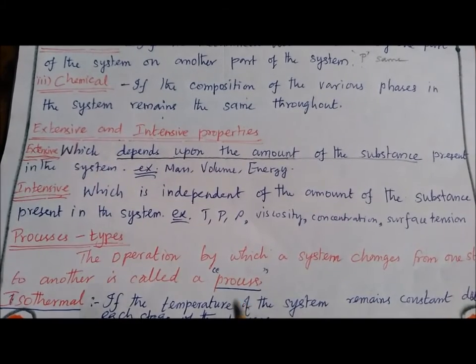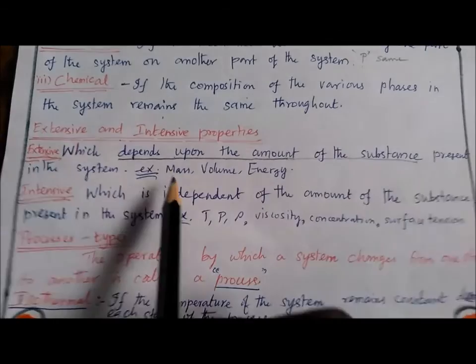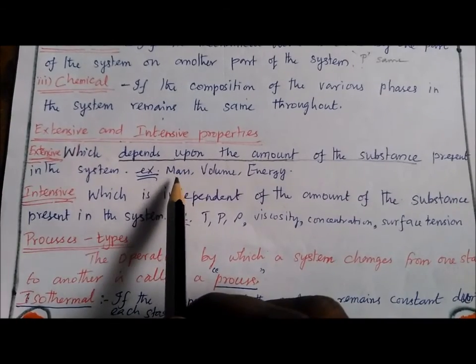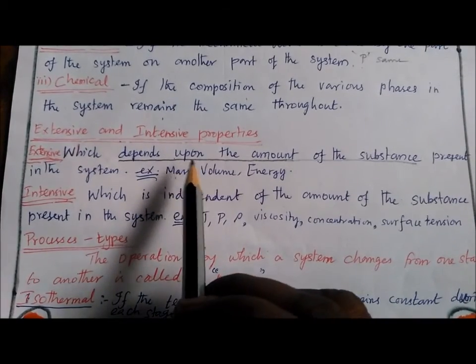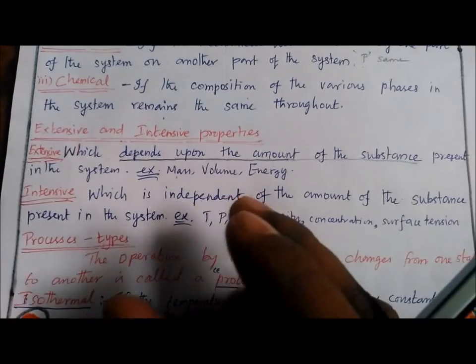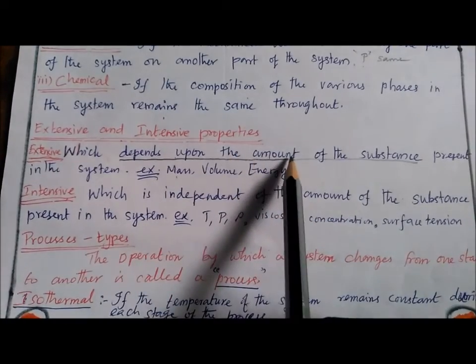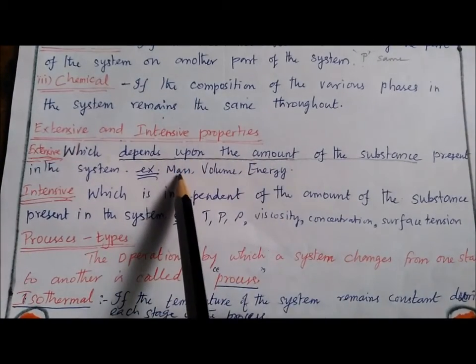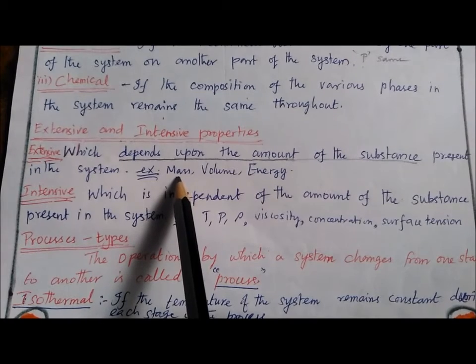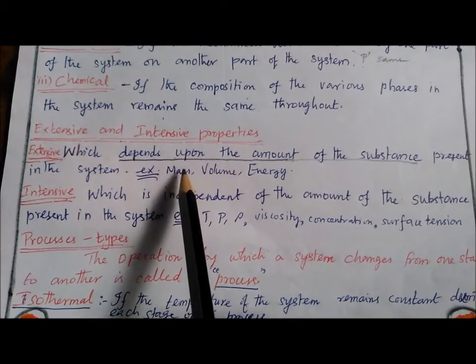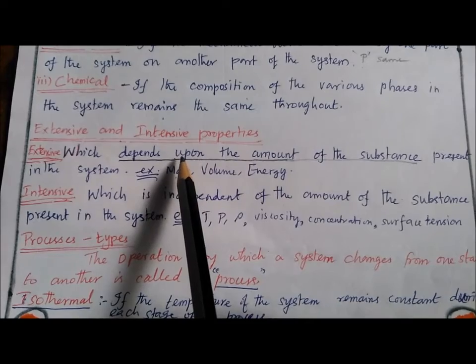The properties which depend upon the amount of the substance. For example, mass. If we have 100 gram, there will be a constant amount of substance. If we add some amount of the substance to the existing mass, then there will be an increase.